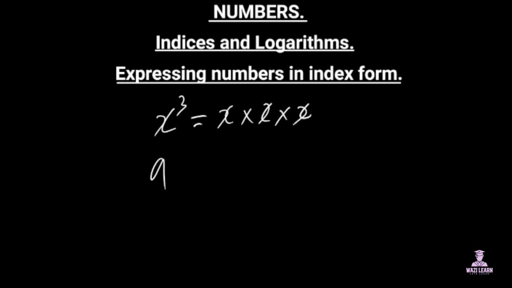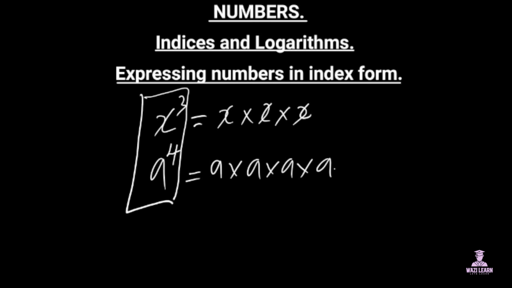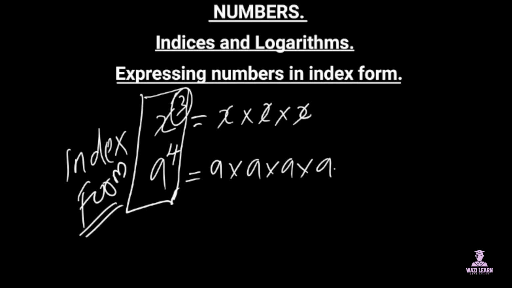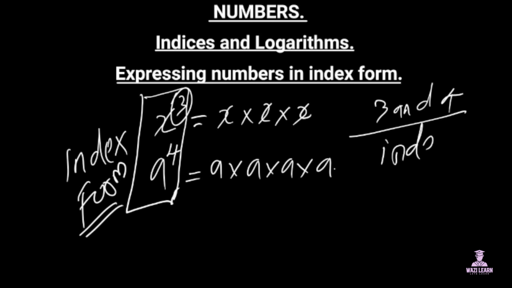When you have, let's say, a number a raised to 4, meaning a will be multiplied by itself 4 times, saying a times a times a times a. So these numbers, the way they are expressed, we are saying they are in index form. So these 3 and 4, we can say they are index or they are indices.